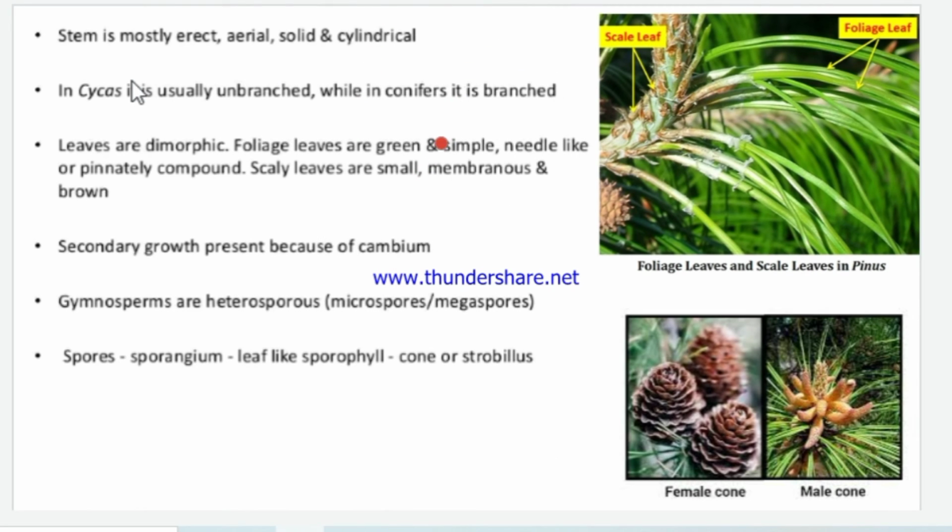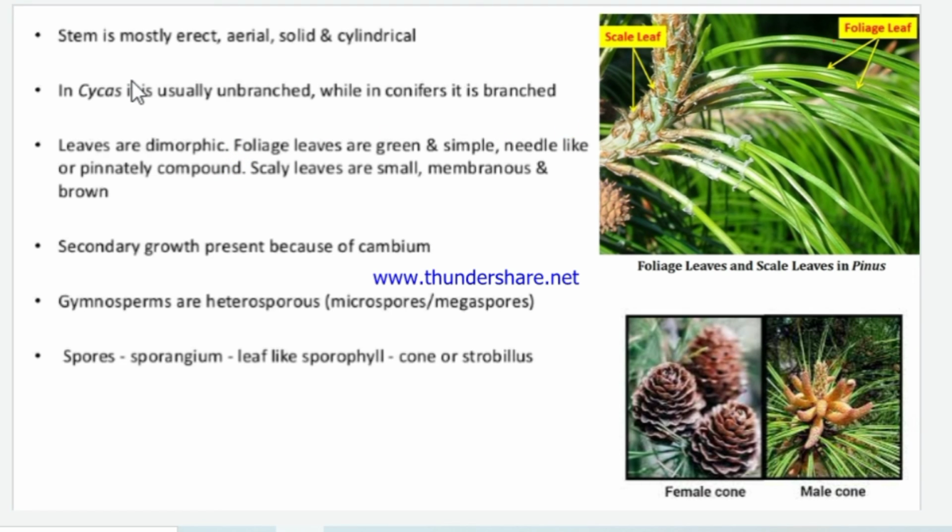Now, the plant body of the gymnosperm. If you consider the stems, they are mostly erect, aerial, solid and cylindrical. But in cycas, they are usually unbranched, whereas in conifers that grow at high altitude, they are branched. The leaves are dimorphic, meaning two types of leaves are found.